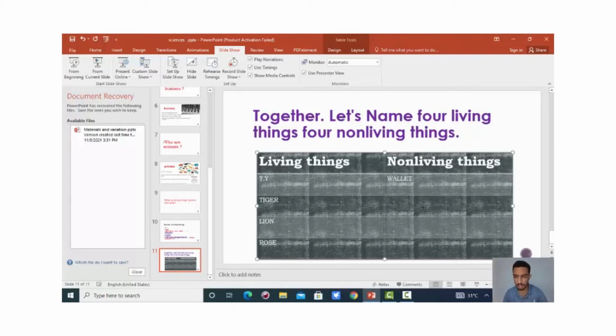The second one can be a fan. Number 3 can be a book. And number 4, a rock. And there are many examples available. I'll wait for you to give me more examples, guys.